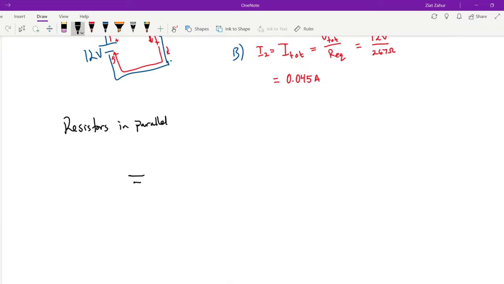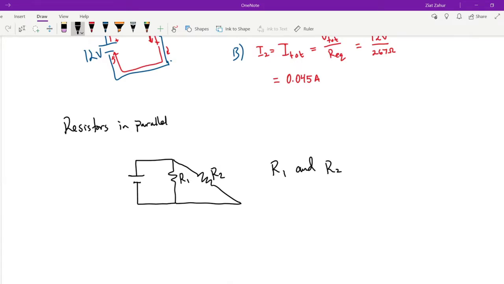So we'll start with the battery. We'll have resistor 1 here. And then I'll draw resistor 2 this way. Whoa, it's slanty. Okay. R1 and R2 are parallel resistors.